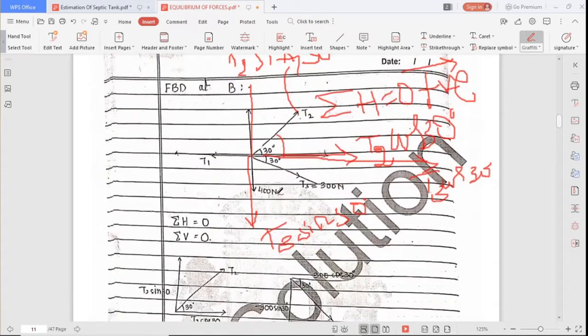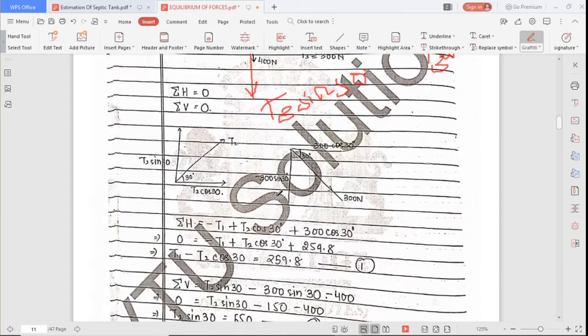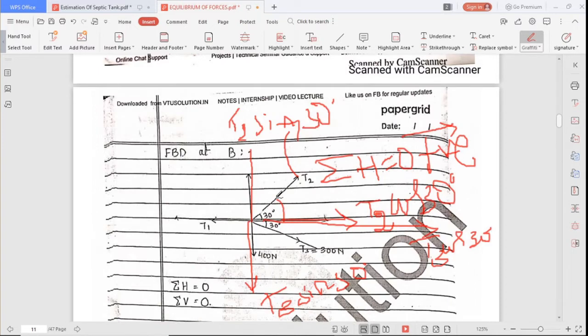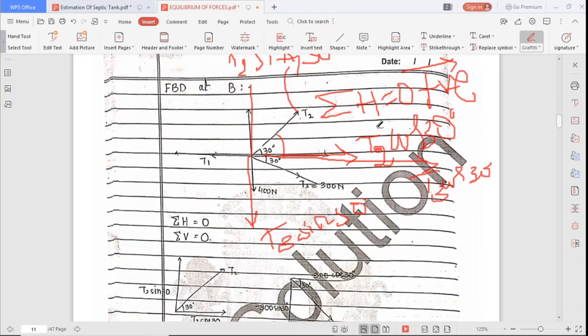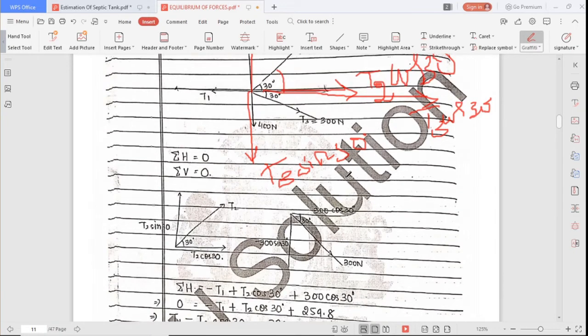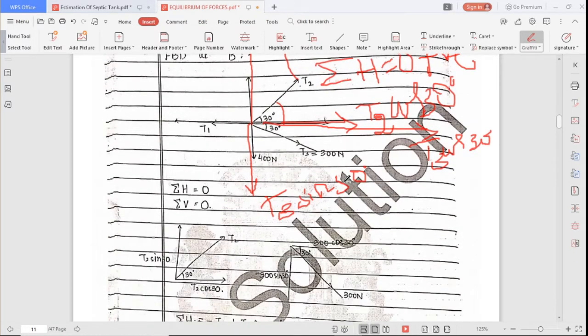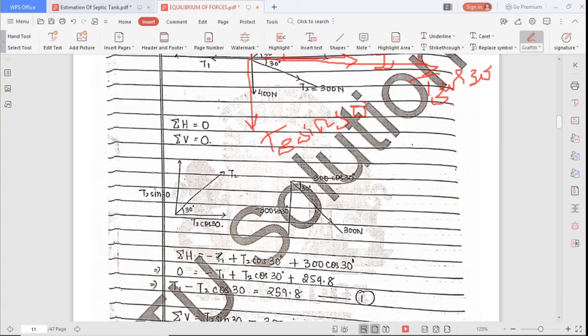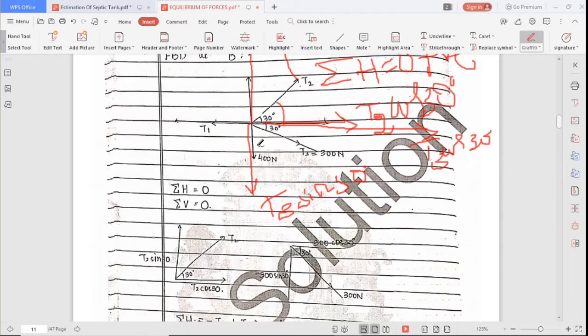Now what we have to do? Just apply the sigma H equal to 0 taking left to right as positive. So what are the forces we will get here? See, minus T1. Okay, left to right is positive because it is right to left, see the direction.